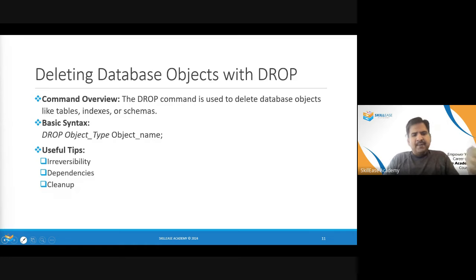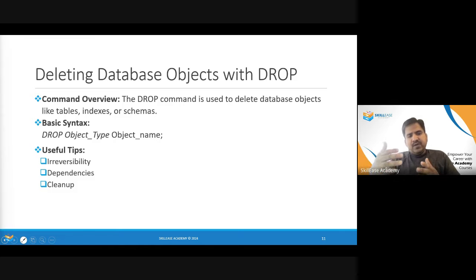Second, dependency. If you are aware, we last time saw the dependency of primary key and foreign key. Please check before using a drop statement if there are any dependencies, or what cascading effect was applied while creating those dependencies. It can be to drop the table, or it can be to remove the data.